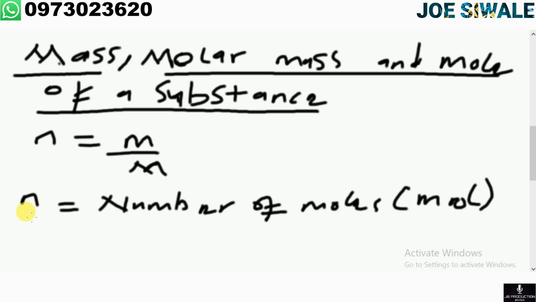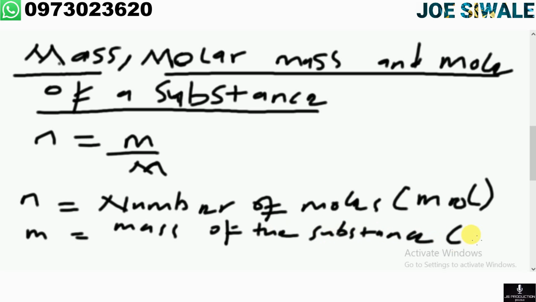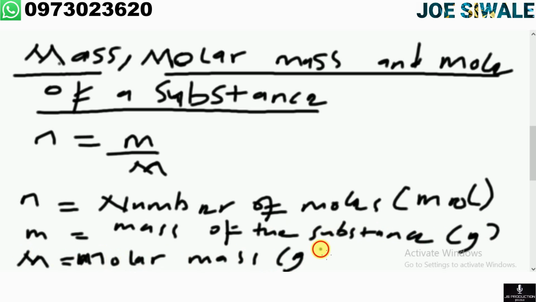Then m is equal to the mass of the substance, and this is measured in grams. Then capital M, that's molar mass, and this is gram per mole. Molar mass is measured in gram per mole.